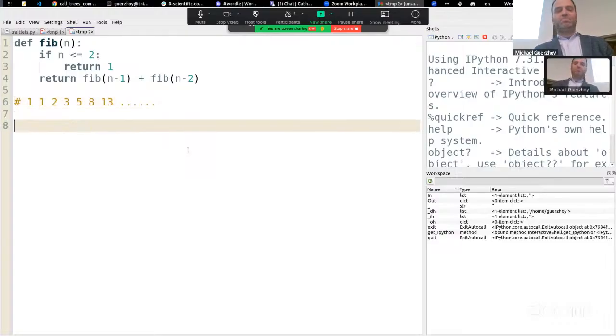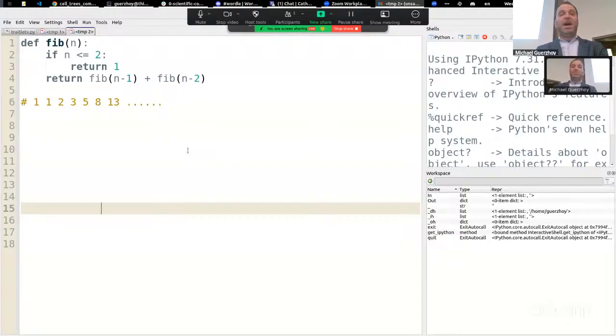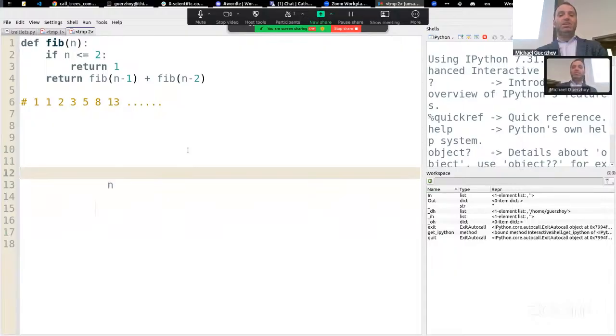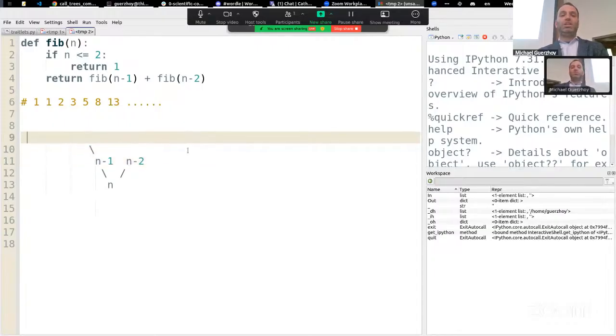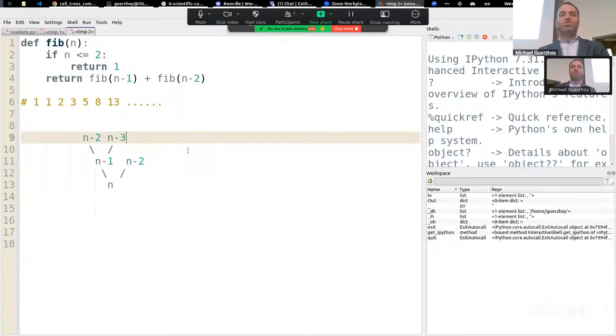So what's the runtime complexity of computing it like this? Here is an attempt at an analysis that I would probably do if I were just starting out. I would say, okay, we start with n, and then here I'll make a call to n minus 1, and I'll also make a call to n minus 2. And then here with n minus 1, I'll make a call to n minus 2 over here, and I'll make a call to n minus 3 over here.